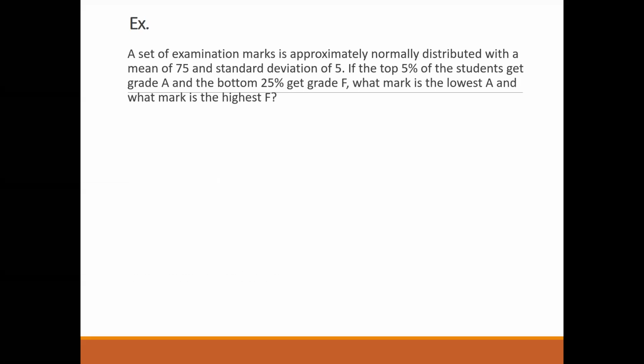For the first part, you can write the equation. If you take X as the marks obtained by the student in the examination, the mean M is 75 and the standard deviation sigma is 5. Using these values, you can write the standard normal variate Z. The formula for Z will be X minus 75 divided by 5.